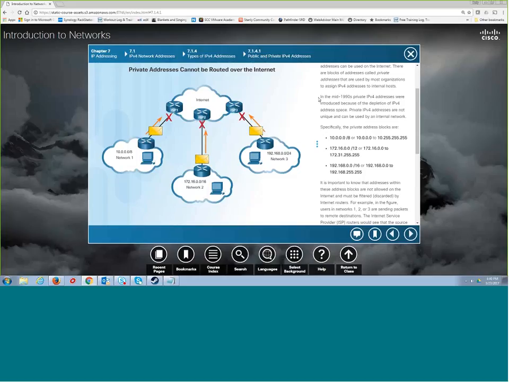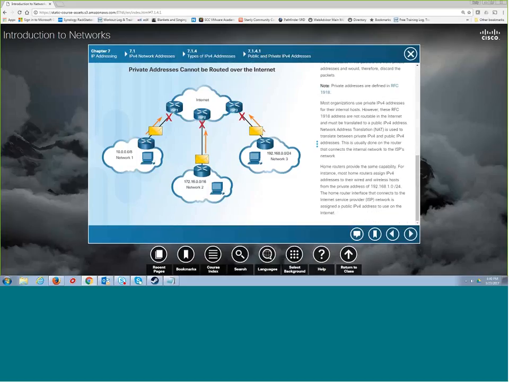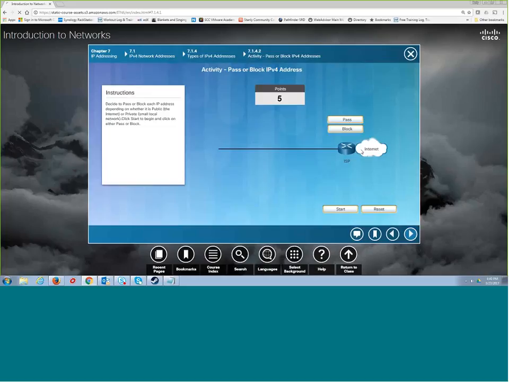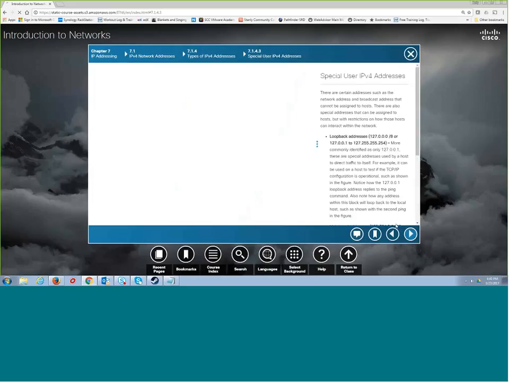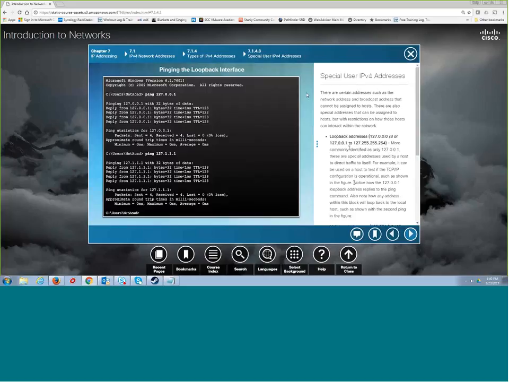But these addresses cannot be routed across the internet. They're still widely used, though. For instance, a great number of networks today use the 10 network and subnet it for their internal network.